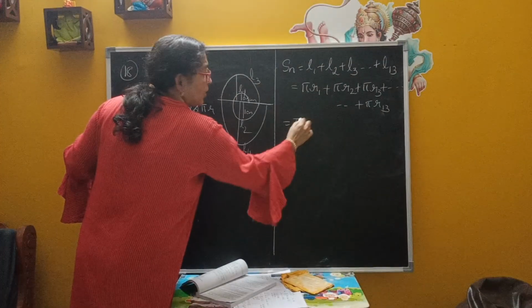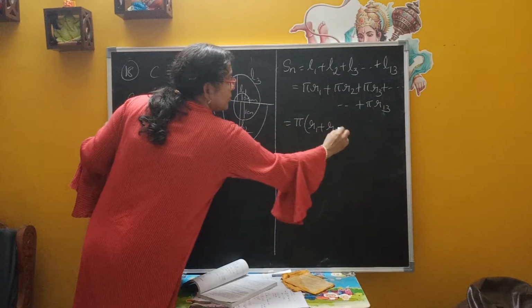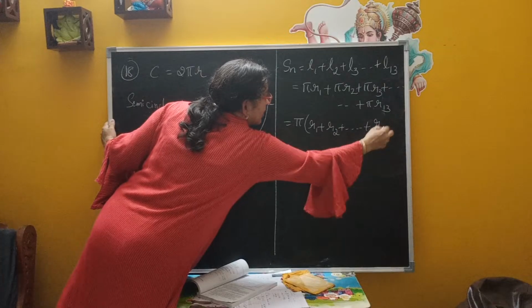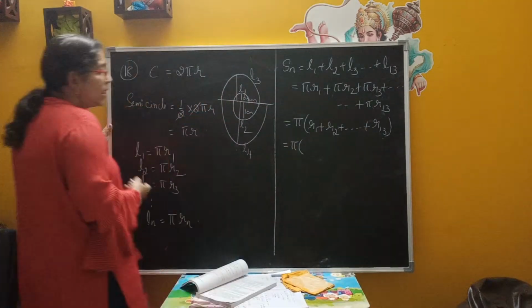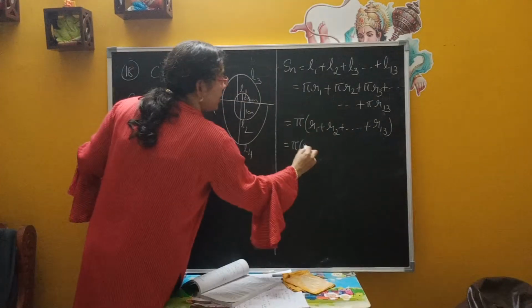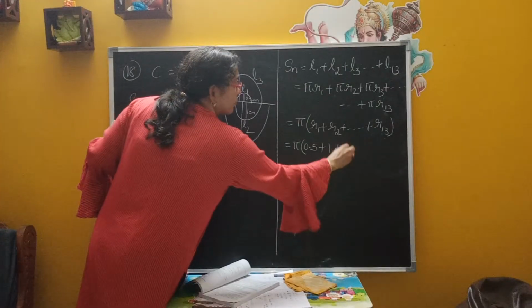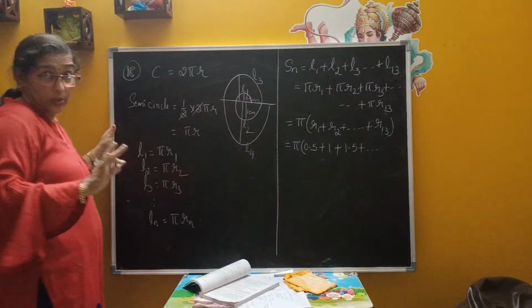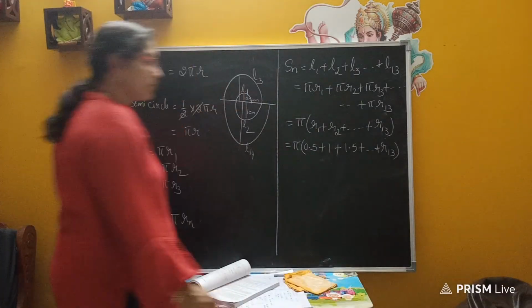Pi is common in all of these. So we can take it as pi into (r1 plus r2 plus and so on plus r13). What is r1? The first radius is 0.5 centimeter, plus 1 centimeter, plus 1.5 centimeter, till r13, the 13th radius.